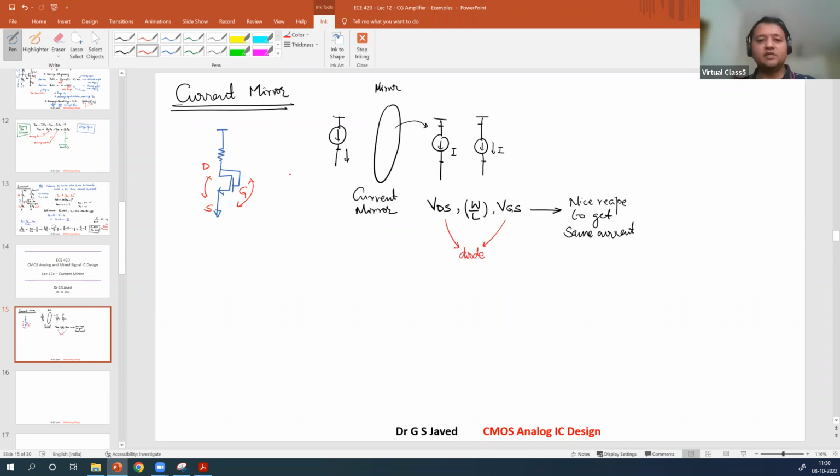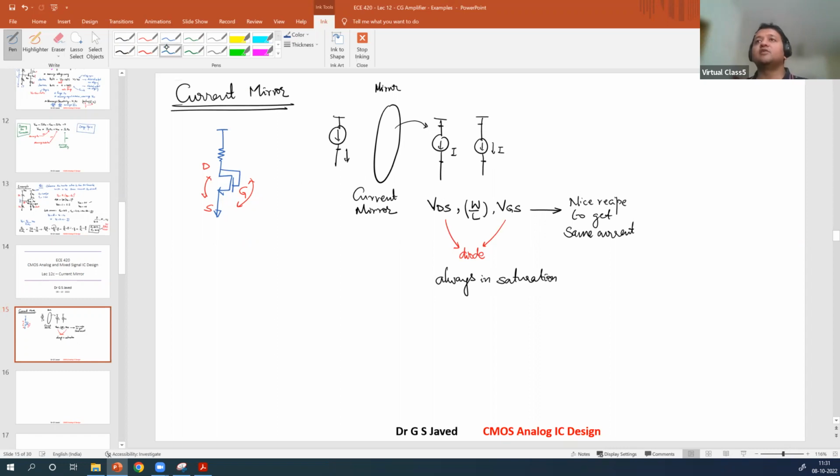So that is one device, which is VGS. Second, we have a diode connected circuit. Now in this current mirror, if you want it to behave as a current source, you need to always have it in saturation. Diode is definitely always in saturation, though it is on the edge.